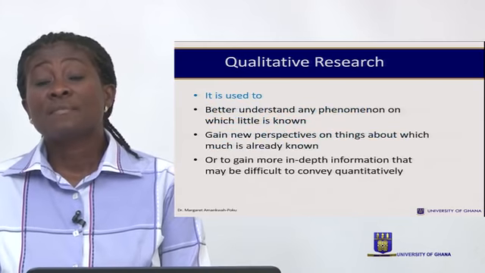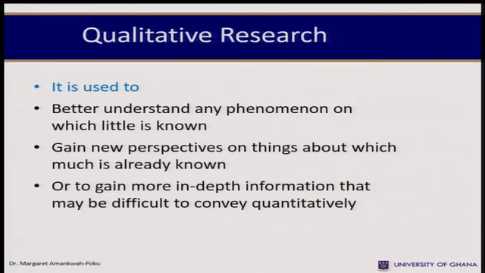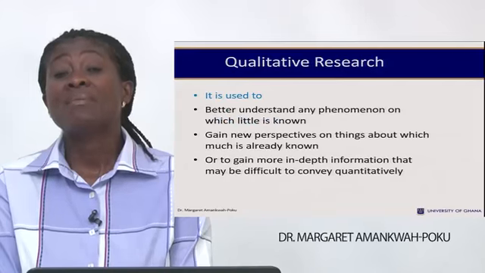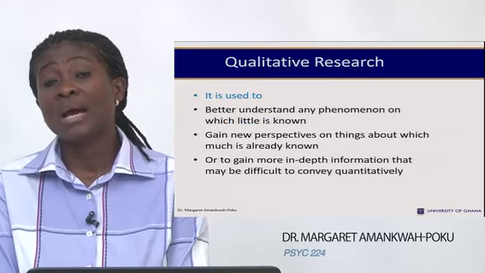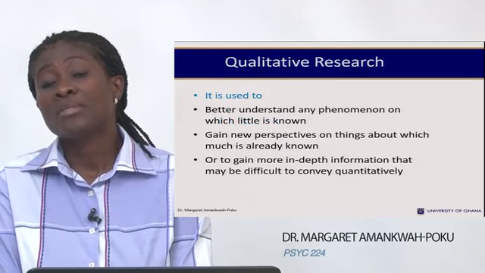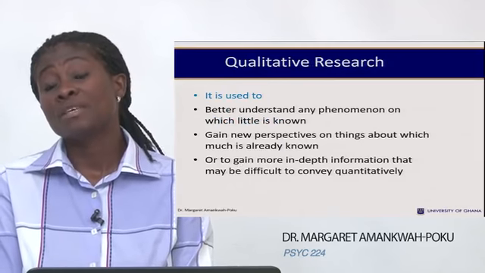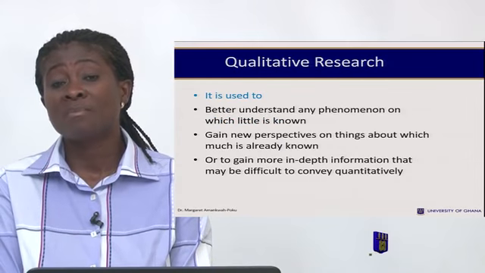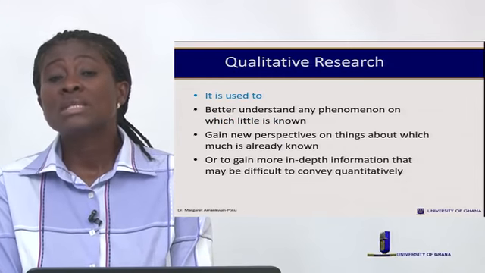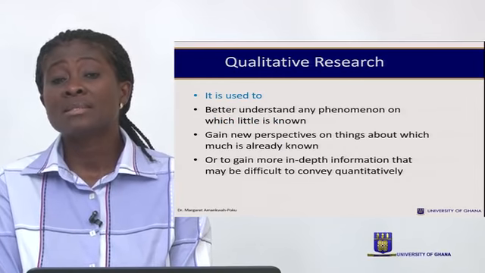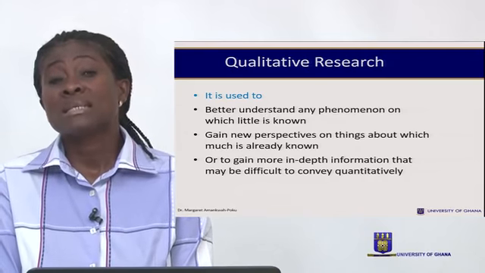So qualitative research method is used to better understand phenomenon that very little is known about. So sometimes you are conducting a study that very little has been done in that area. So you use the qualitative method to obtain more information, because as I said, you get in-depth information when you use the qualitative method. It is also used to gain a new perspective on things about which much is already known.